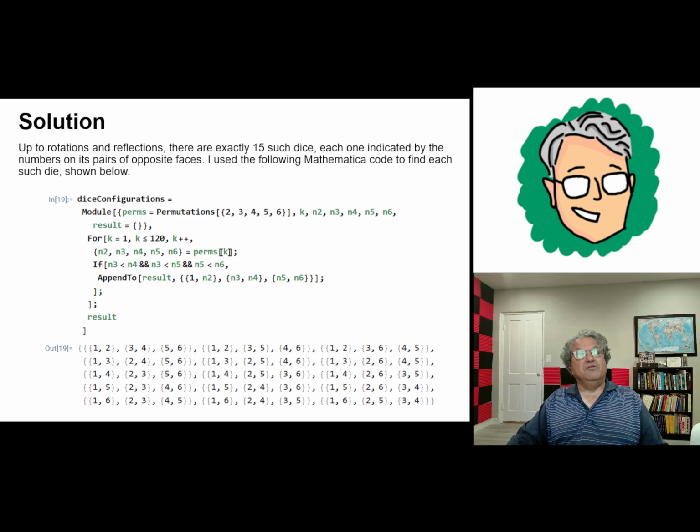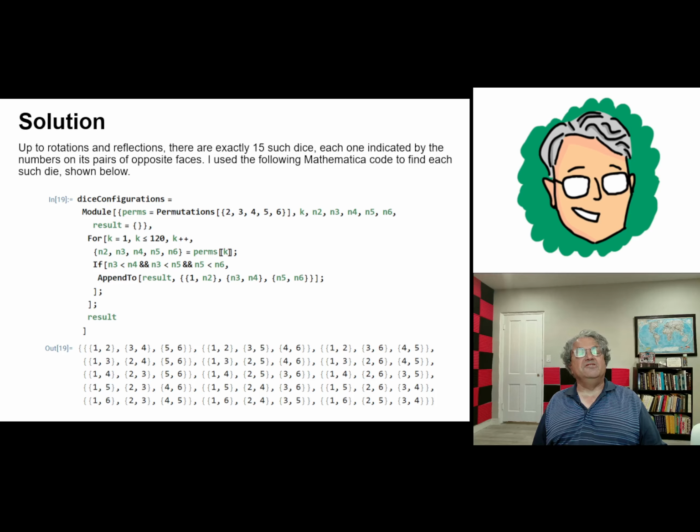The lists are given with braces, and then each pair is given with inner braces. So, for instance, the first configuration we have 1 comma 2 in braces, then 3 comma 4, then 5 comma 6. What that means is we have a die where the opposite faces are numbered 1 and 2, numbered 3 and 4, numbered 5 and 6.